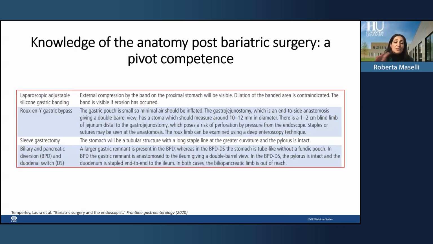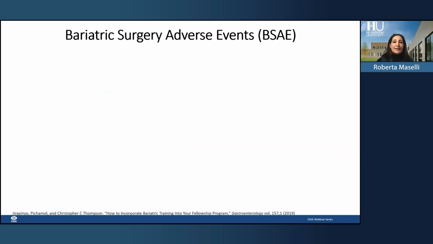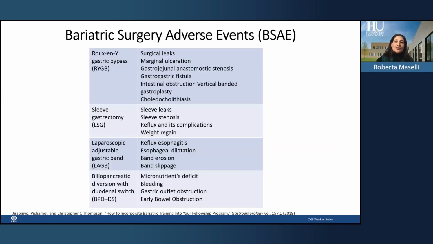For this, we have some papers that are helping us to have a path and to understand, specifically for different types of bariatric procedure, what to look for and what to expect to find in the gut during that endoscopy. But let's talk specifically about bariatric surgery adverse events. As I was saying at the beginning, there are a lot of different complications that can arise from this type of surgery.